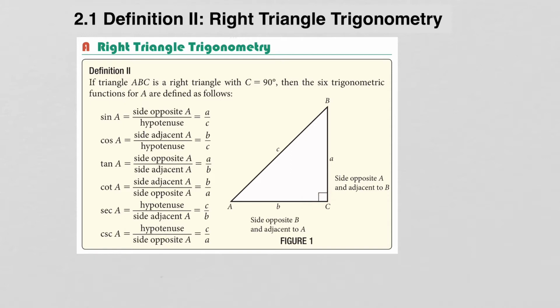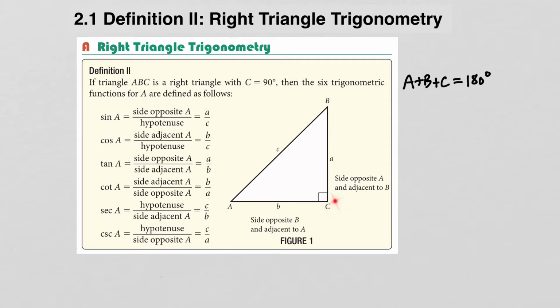If we call our triangle ABC, out of convention, we always label C as the right angle. A and B are the acute angles of the triangle. And let's remember that when you have a triangle, the sum of the angles of that triangle is always equal to 180 degrees.